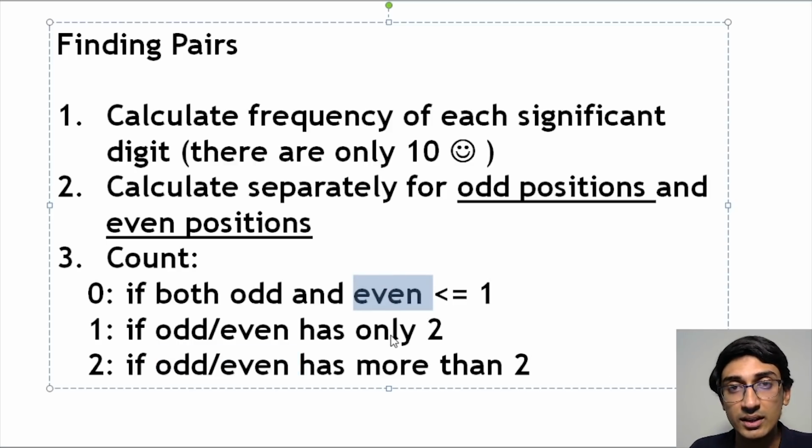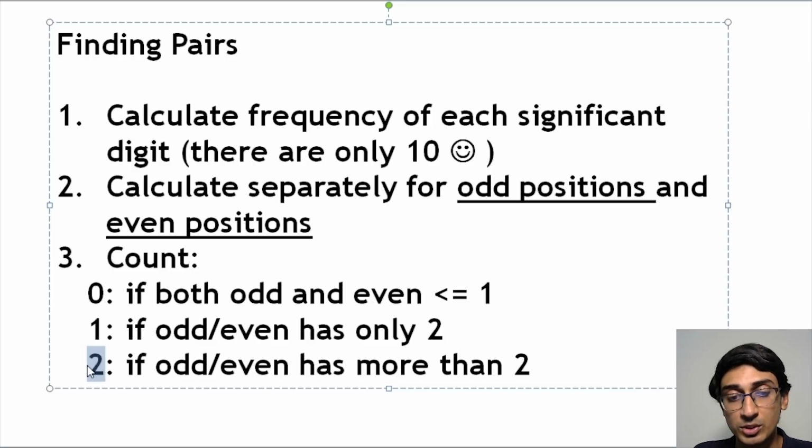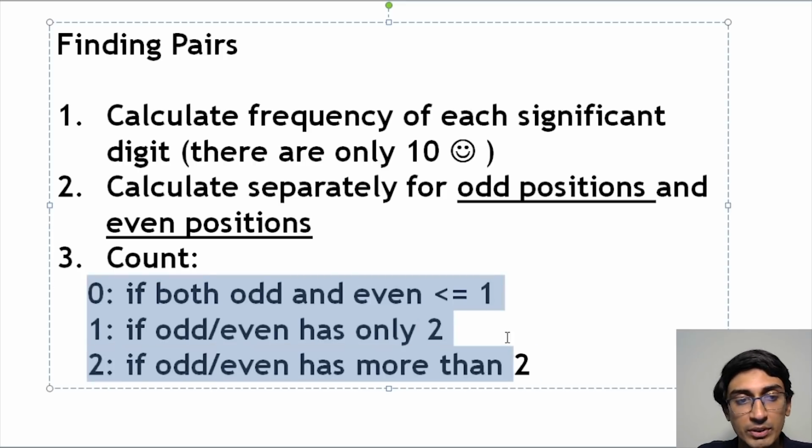If the number 1 occurred 2 times, then for the odd indexes we have 1 pair possible, because it occurred 2 times. If it occurred 3 times in the odd indexes, then we are saying it occurred more than 2, so 2 pairs are possible. If it occurred 5 times, remember we said we'll cap it at 2, we will not exceed 2. So even if it occurred 5 times, still only 2 pairs are possible. So this is a little bit of an if-else condition that we have to put here, but nothing that we can't handle.